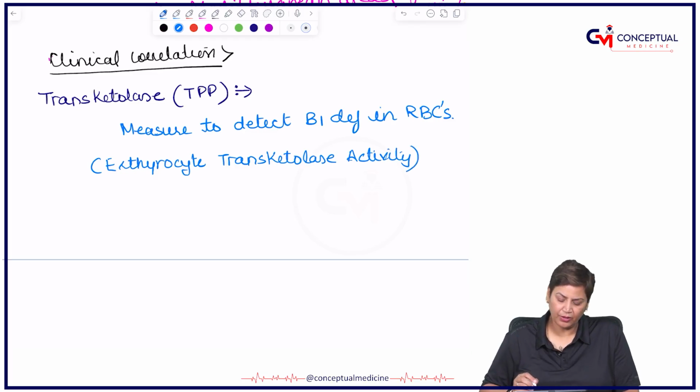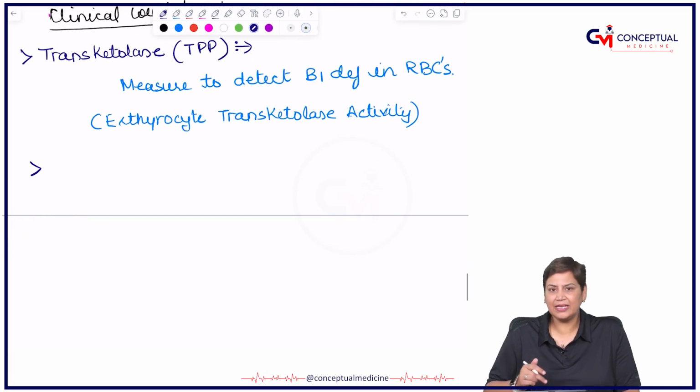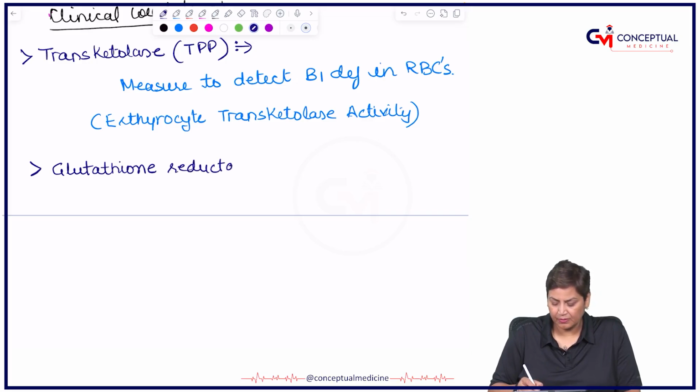Very important. The second important feature here is, one is this transketolase, the second one is glutathione reductase, which requires B2 or riboflavin.